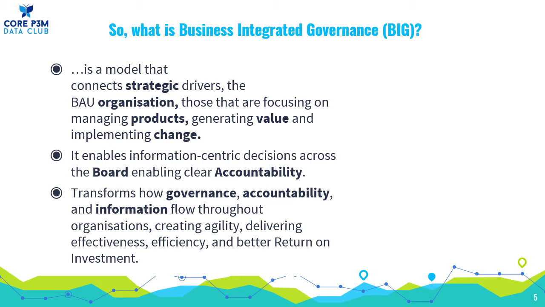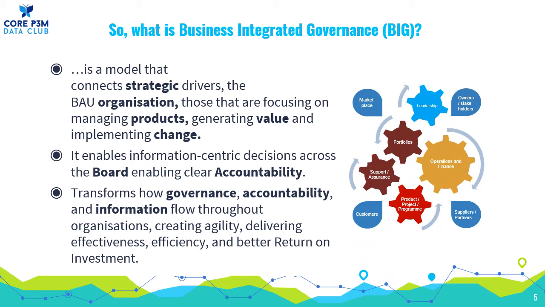It transforms how governance, accountability, and information flow throughout organizations, creating agility, delivering effectiveness, efficiency, and better return on investment. We picture it as a series of cogs that are turning well together and not grating.